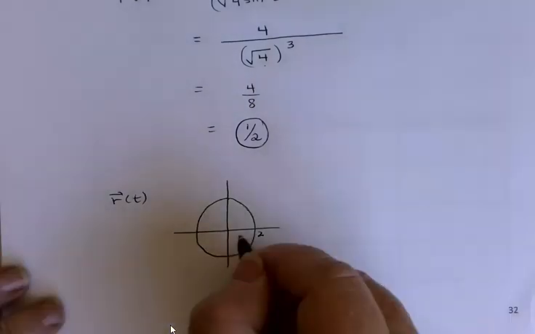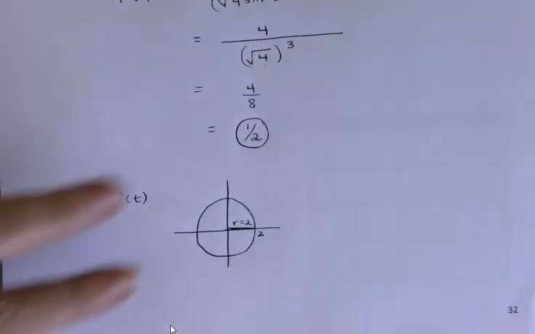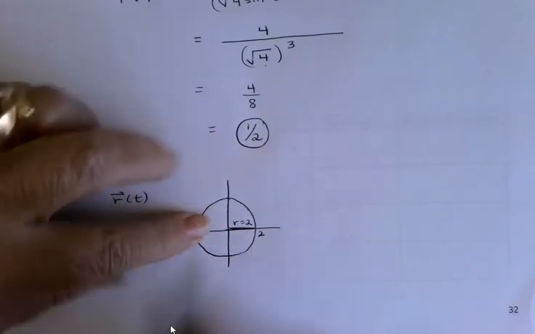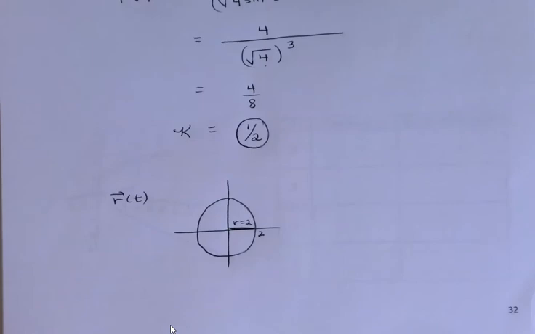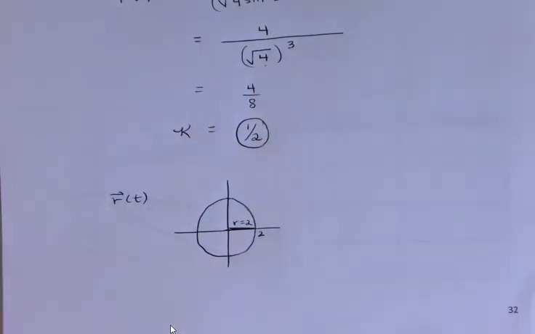By the way, we did have a radius of 2 on our circle. And notice the reciprocal relationship here between the curvature and the radius. That's not an accident. In general, the curvature of a circle will always be the reciprocal of its radius.